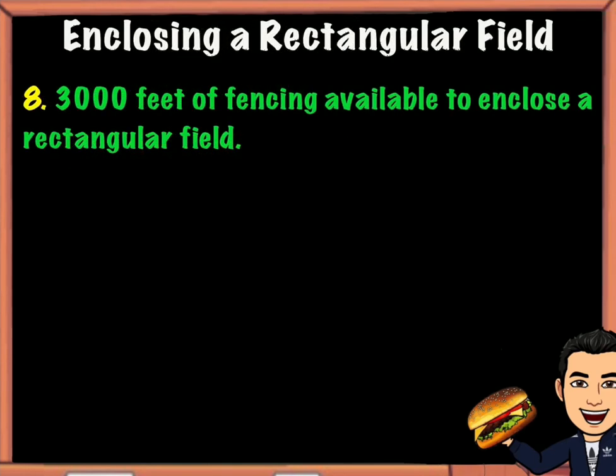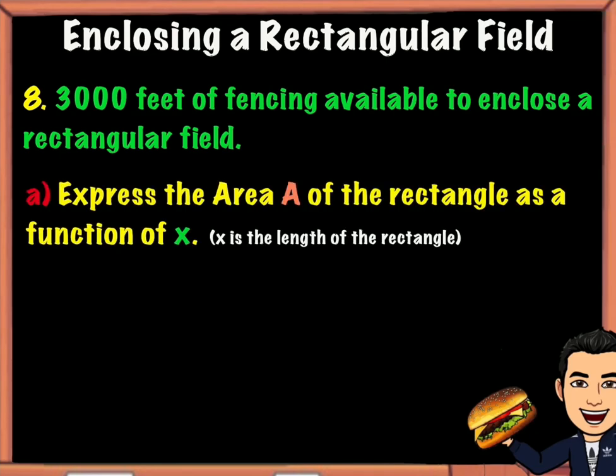For number A, we've got 3,000 feet of fencing available to enclose a rectangular field. For letter A, we're going to have to express the area as a function of x. So you're going to put A of x, and we know that the area is length times width. So you're going to put x, this is your length, multiplied by the width, which is 1,500 subtract x.